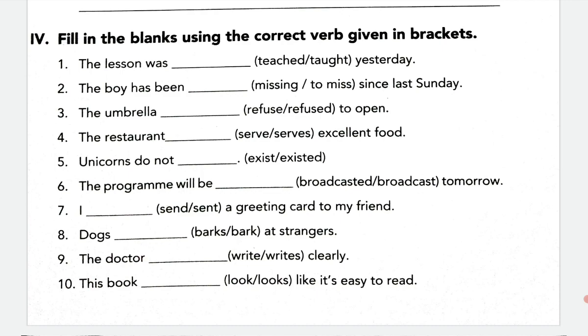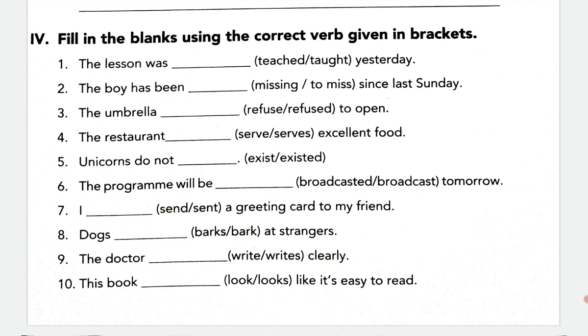Unicorns do not dash. Unicorns do not exist, because it is neither in the past nor in the present; it exists. The program will be dash tomorrow. Broadcast, because it's in the future continuous tense: will be broadcasted tomorrow.